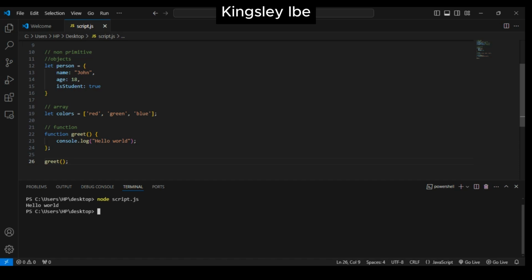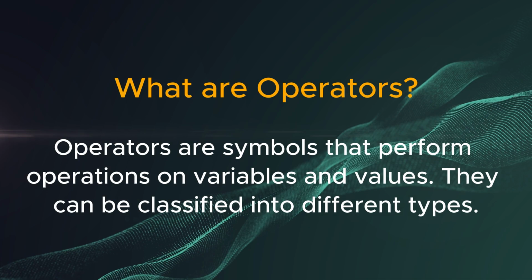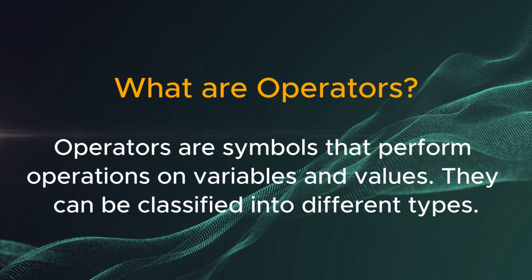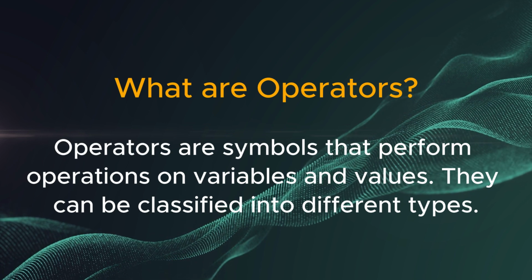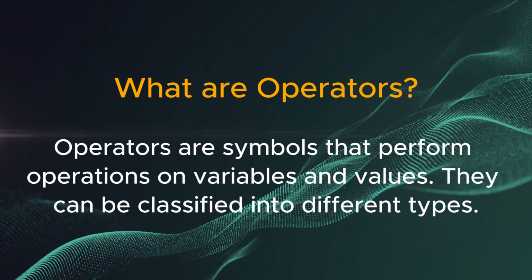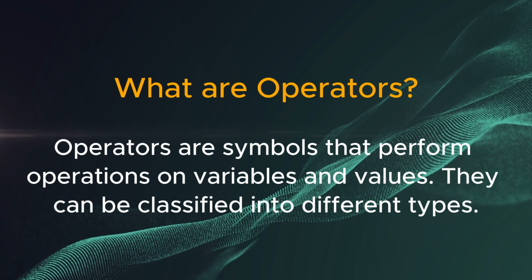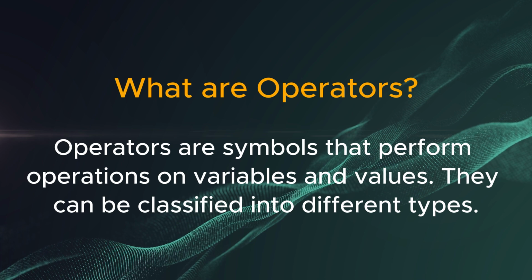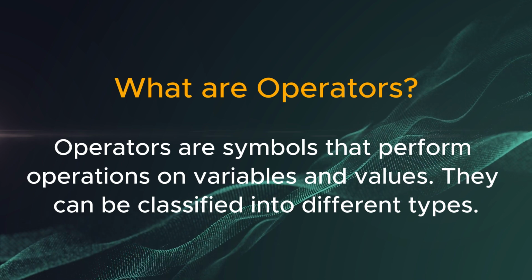Now that we understand what variables are in JavaScript, and we've also looked at data types and how they are being used, now let's talk about operators. What are operators in JavaScript? Operators are symbols that perform operations on various variables and their values. They can be classified into different types.